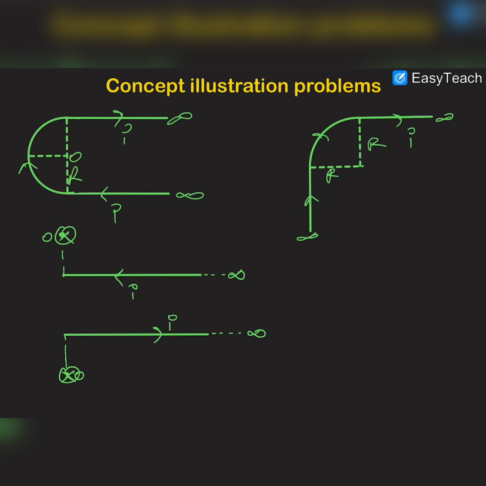So the magnetic field due to all of them will be inside the plane, and we can easily find the magnetic field by adding up the magnetic field of each one of them.